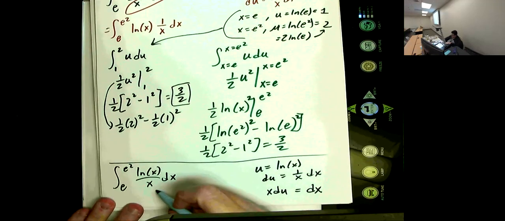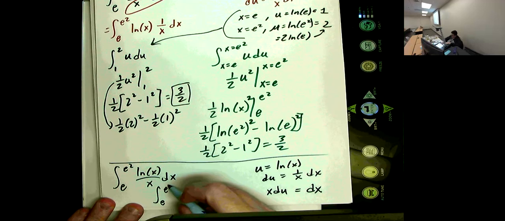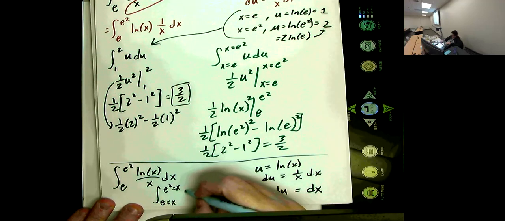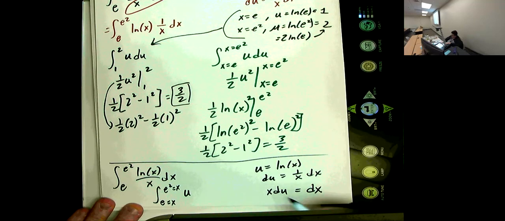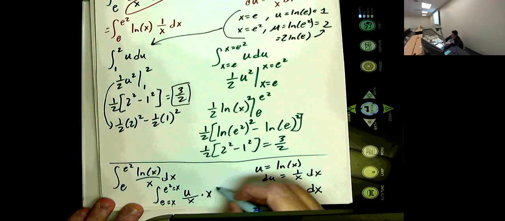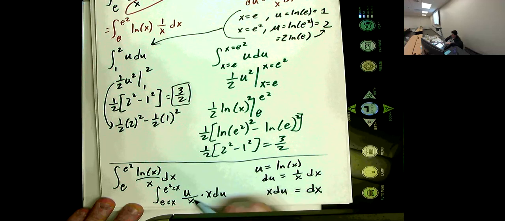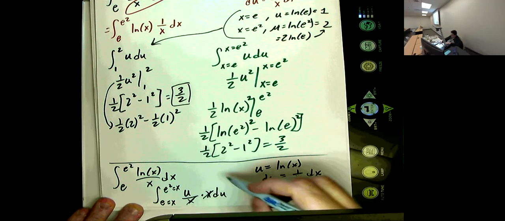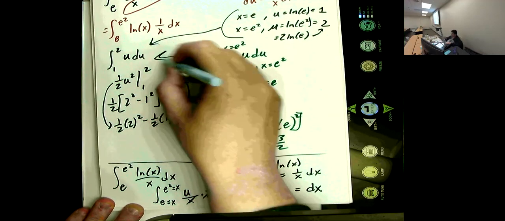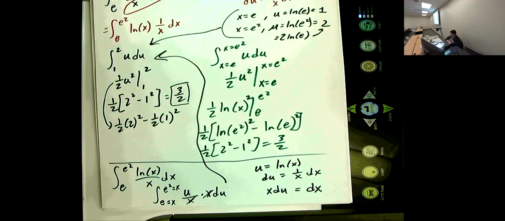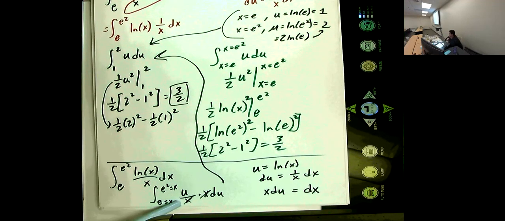And then when you plug this in, I've got u over x times x du. And now the x's cancel. And we still end up getting that. But this gets ugly, this is uglier.